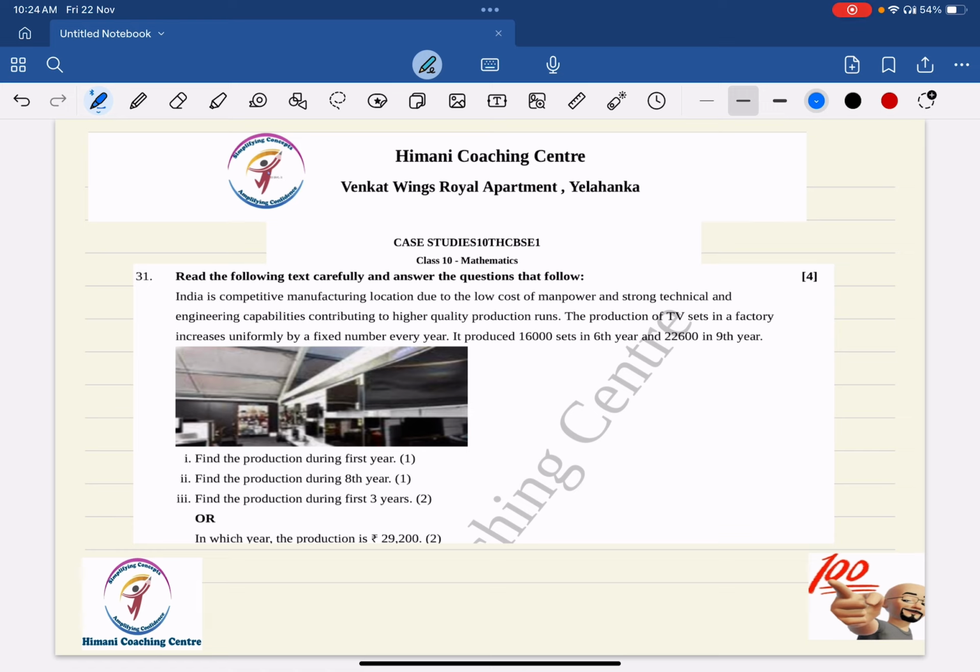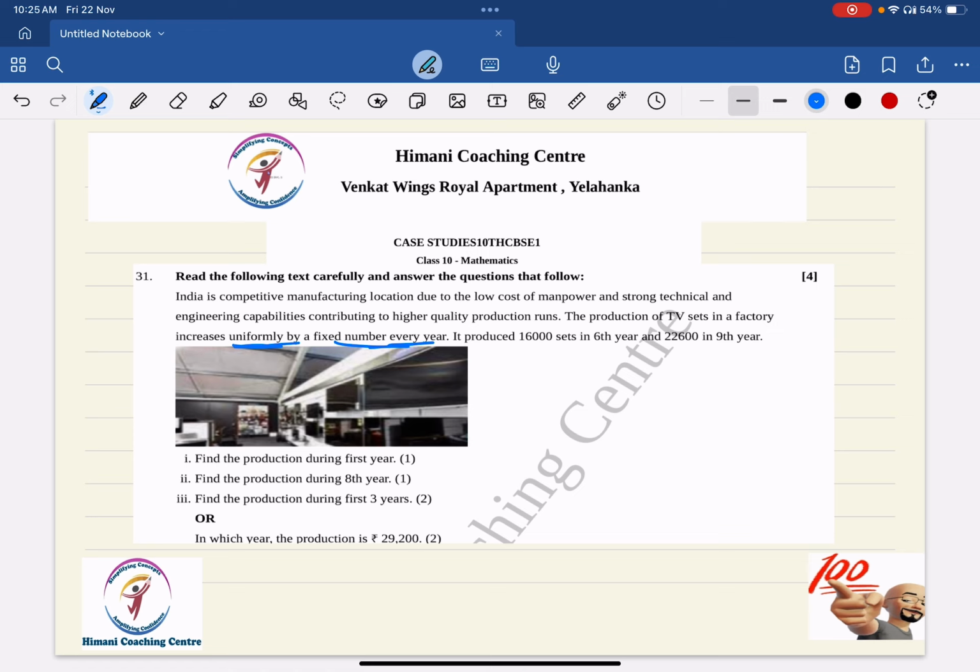The production of TV sets in a factory increases uniformly by a fixed number every year. So they have told that the increase every year is a fixed number. Now this factory produced 16,000 sets in the sixth year and 22,600 sets in the ninth year.